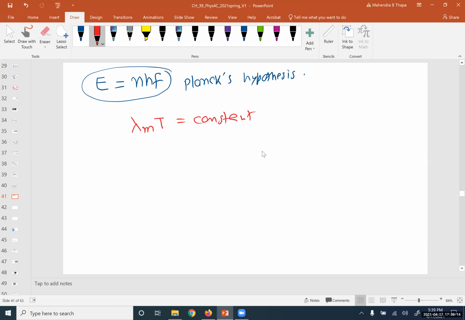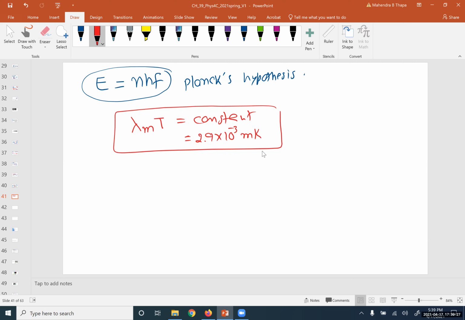This value is always constant, roughly 2.9 times 10 to the power minus 3 meter Kelvin. This result is called Wien's displacement law.